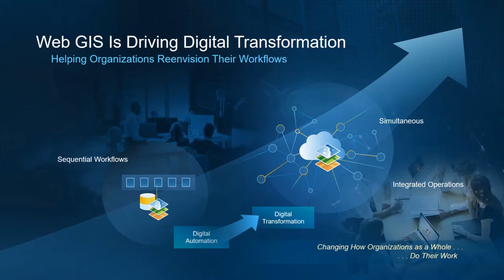And what collaboration capabilities are now providing in the platform is simultaneous integrated operations. That as you're working on something, another partner in the EM community sees and has access to what you're working on and can build on that, contribute to it.